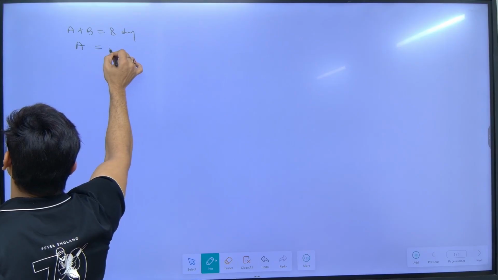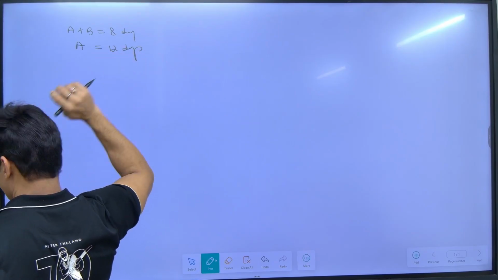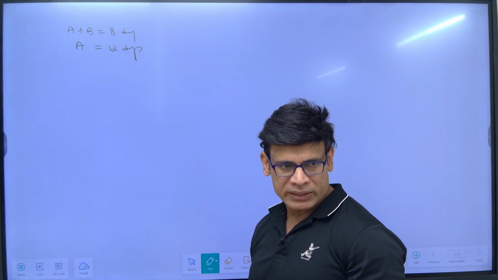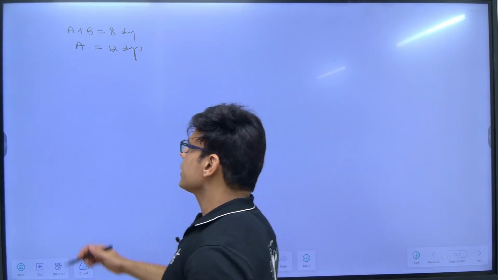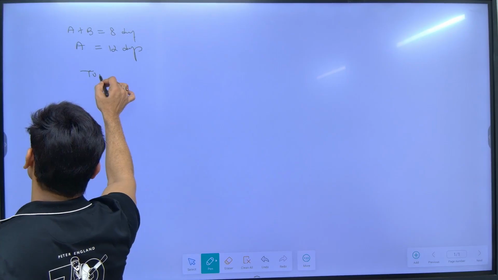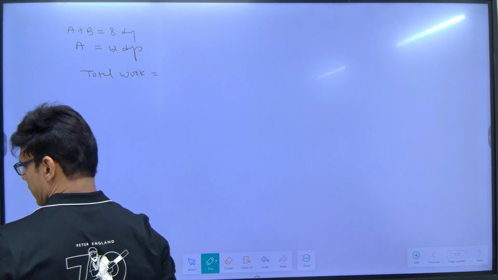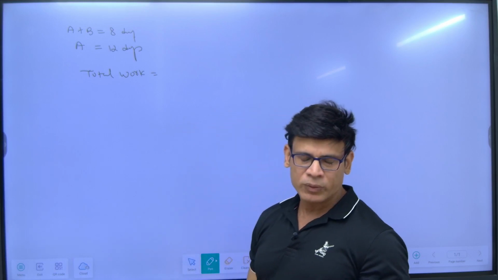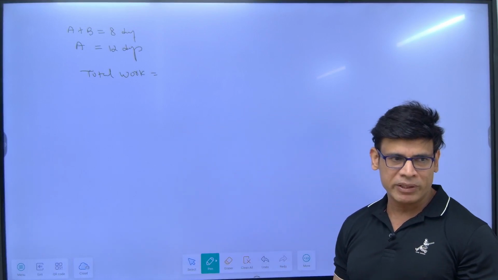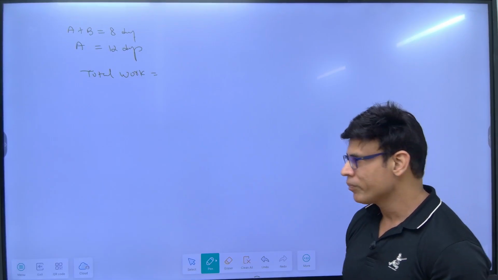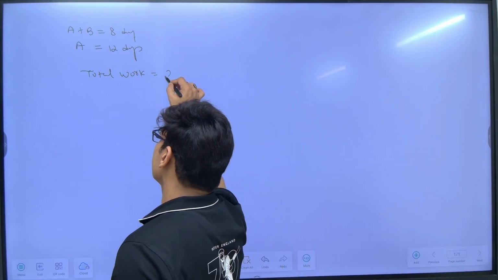First, you find out total work. What is total work? LCM of 12 and 8. 24. So total work is 24 units.